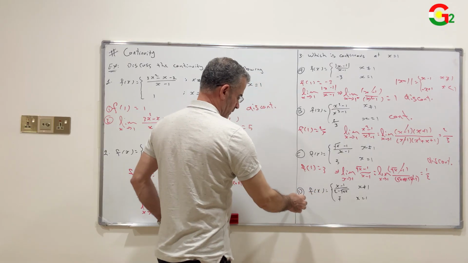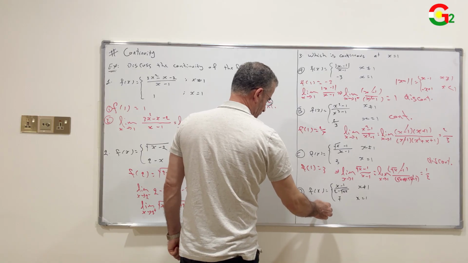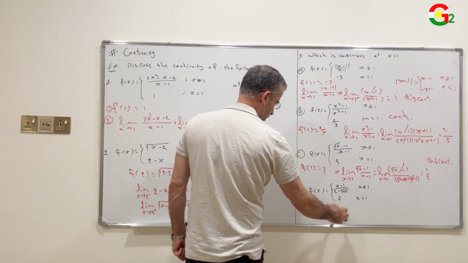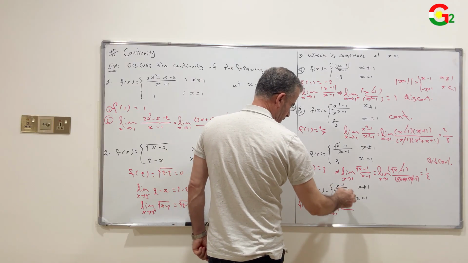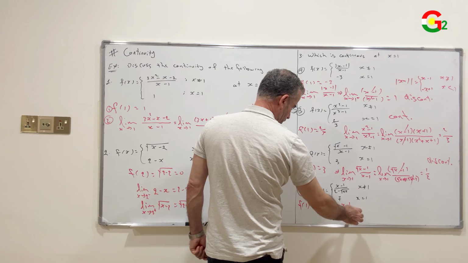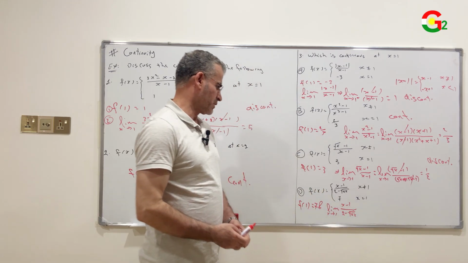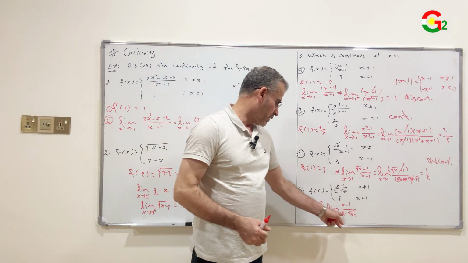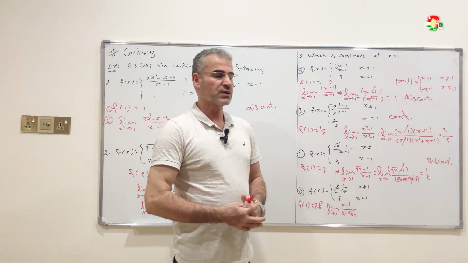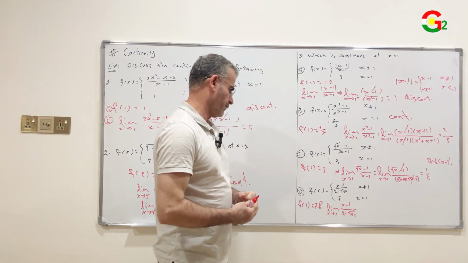The last function: f of 1 equals 7, and the limit when x approaches 1 of (x − 1)/(2 − √(4x)). If you substitute directly 1, then 2 minus the square root of 4 times 1, square root of 4 is 2, 2 minus 2 is 0.